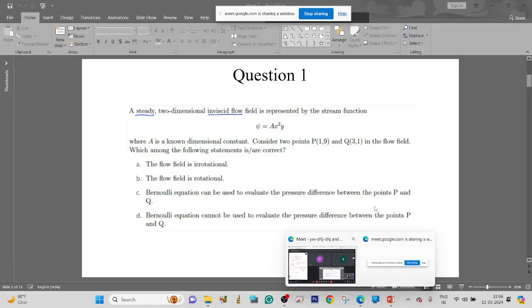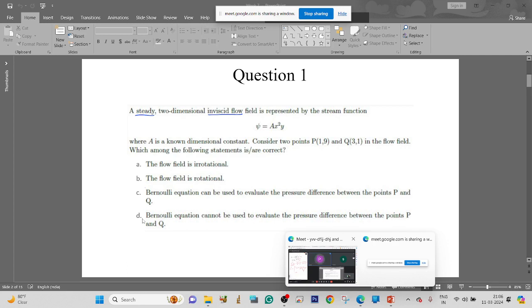Rotational is fine, but that is one point. Second, C or D, which one is correct? You also have to check that. If it is along a streamline, then the stream function will be constant. At points P and Q, I'm getting 9a, the same constant stream function, so it is along a streamline.